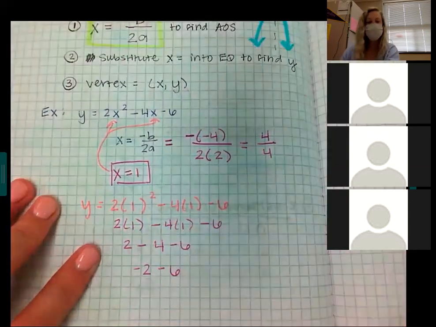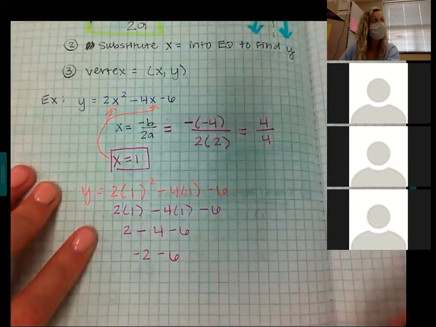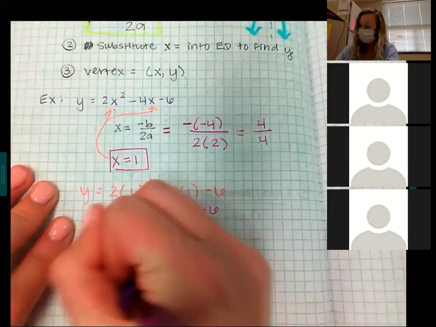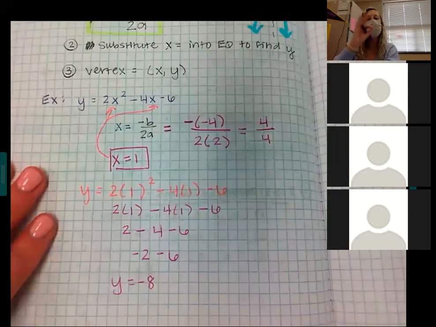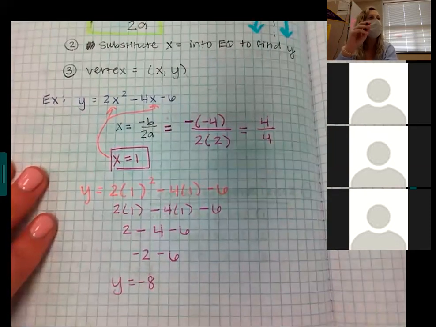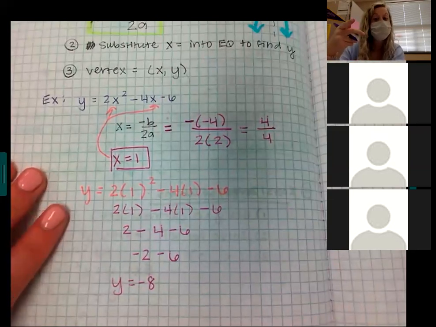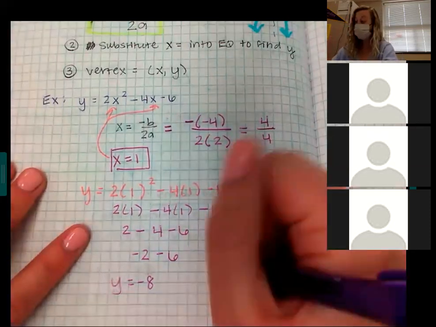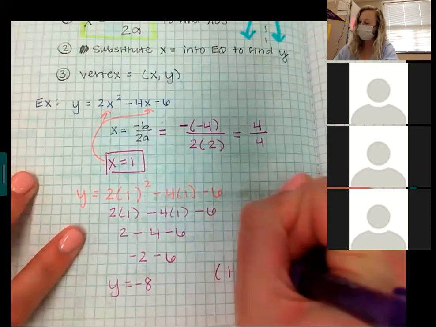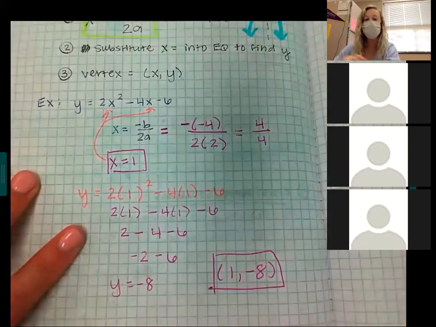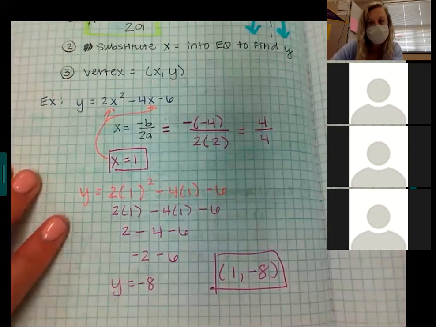And then negative 2 minus 6, so the y value is negative 8. If you put y equals negative 8 for the vertex, I'm going to be mad. The vertex is the turning point. So what are we going to write? 1, negative 8. That is how you would find the vertex and axis of symmetry.